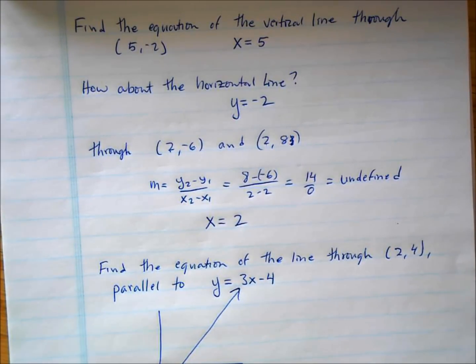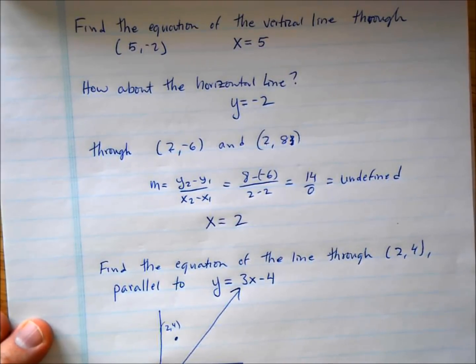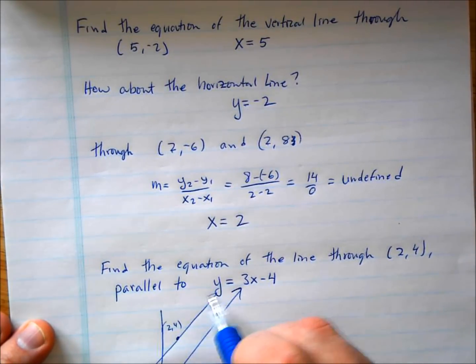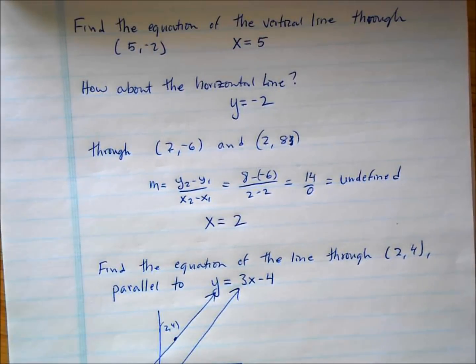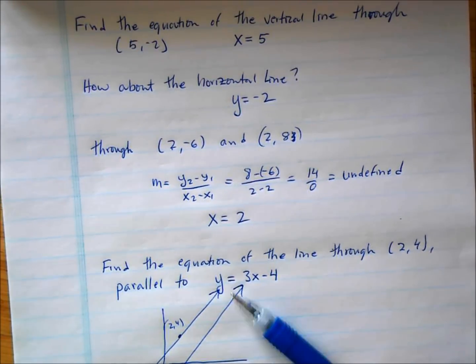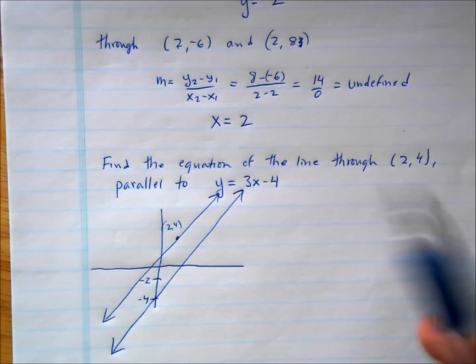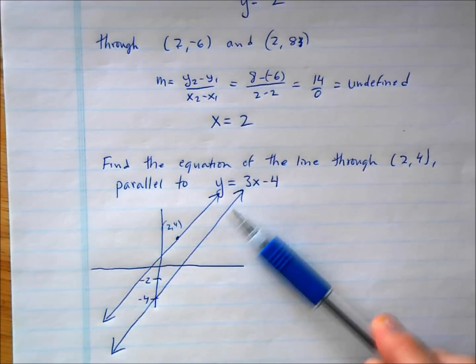Now what I've asked you to do is find the point (2, 4), which is right about here, and find the line parallel. It looks something like that. So it should be pretty clear, parallel lines have to have the same slope.